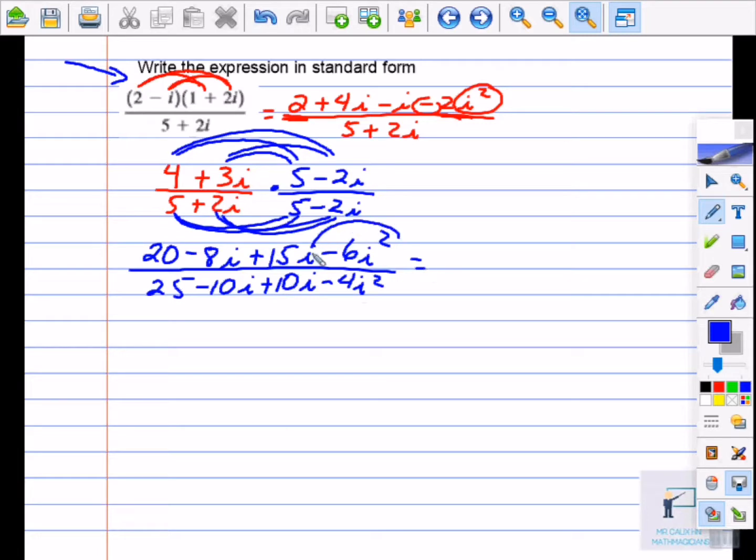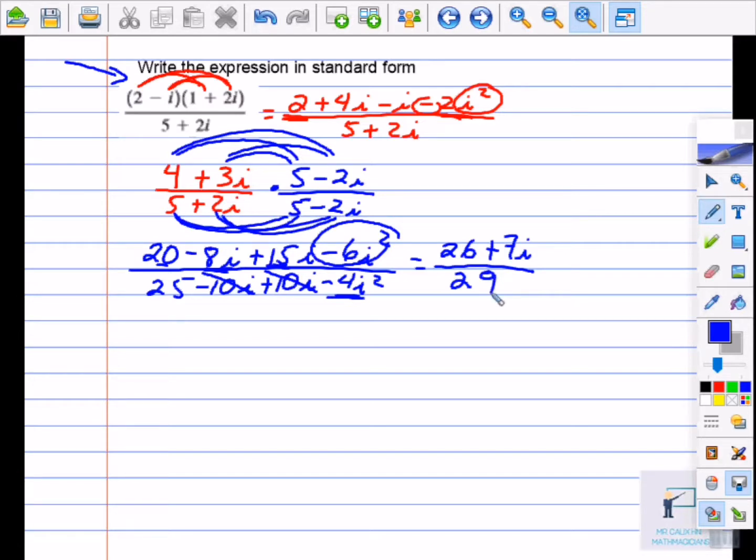So this is like saying positive 6 plus 20, that is here, like terms, would be 26. Negative 8 plus 15 positive. If you evaluate this, 15 minus 8 would be 7, and it's positive because 15 is greater, 7i. Over. Here we can simplify or eliminate our i's. 20, and this becomes positive 4. 25 plus 4 is 29.